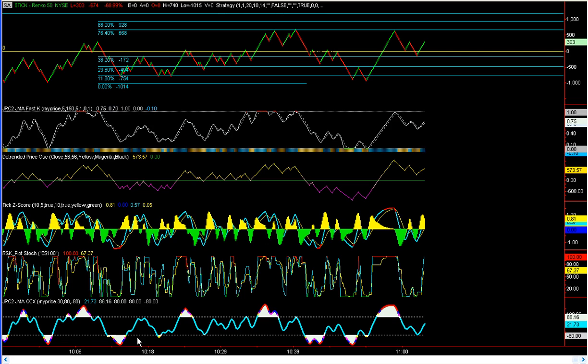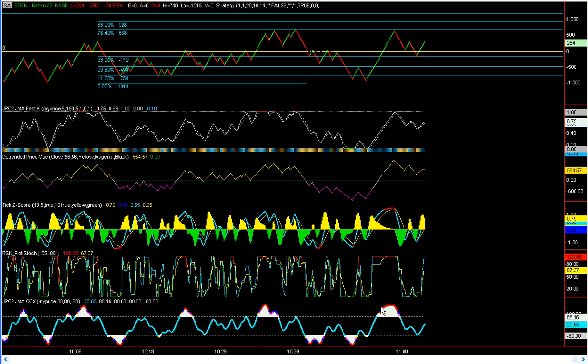And we've used a variety of different colors to identify where it becomes overextended. But basically, if it gets into the red, the CCX itself is red, chances are at that point in time we're getting very close to being overextended, and a likely pivot will take place.